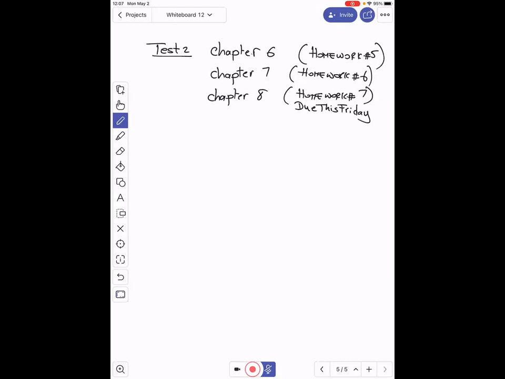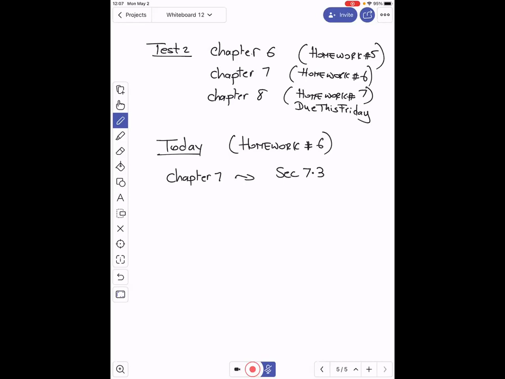Okay. So today we're gonna discuss homework number 6. That's chapter 7. In chapter 7 there are 3 main sections. There is section 7.3, where we convert variable x to z, the variable of the standard normal distribution.